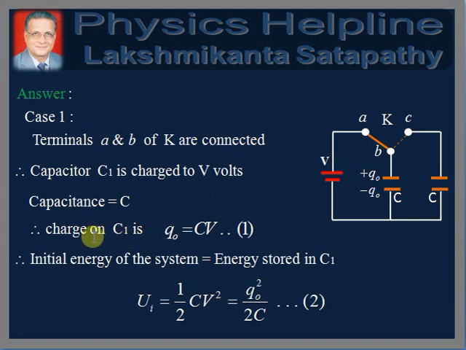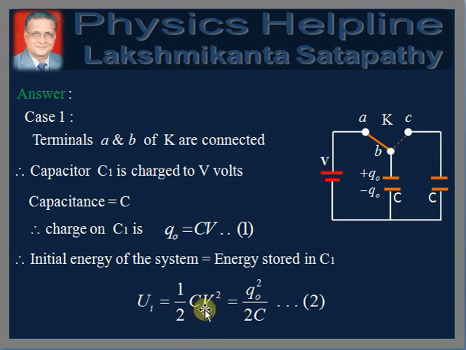So the charge on the capacitor C1 will be Q0, which is equal to C into V. And the initial potential energy of the system will be equal to the energy stored in C1 only, because C2 doesn't have any charge on it. Therefore, we write Ui is equal to half CV square.